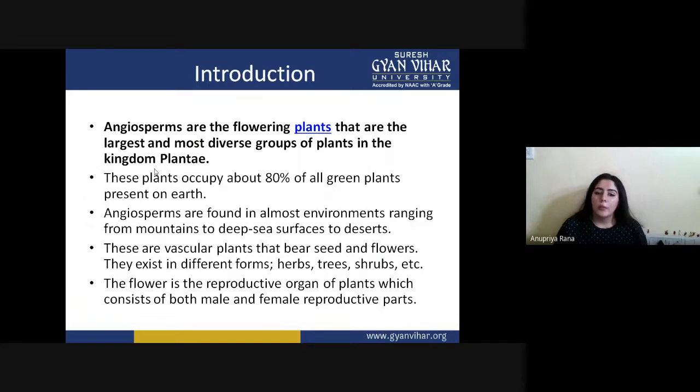Not only bryophytes or thallophytes, the lower plants, are present as aquatic plants, but also the well-developed vascular angiospermic plants are present under the deep sea surfaces. In deserts also, not only xerophytes or gymnosperms are designed for the desert.